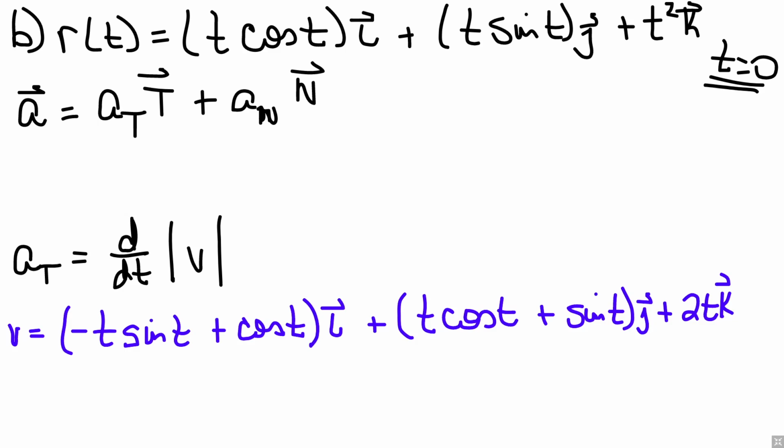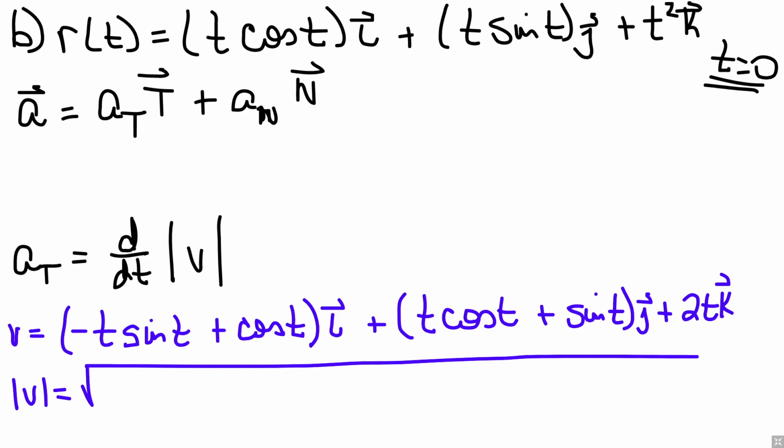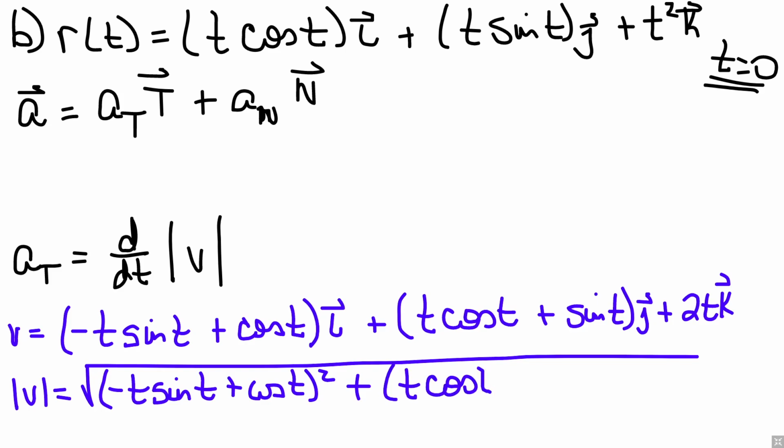Okay, so next, what I'm going to do is find the magnitude of the velocity. Well, that's going to end up being the square root of, okay, negative t sine of t plus cosine of t, squared, plus t times the cosine of t plus the sine of t, squared, plus 2t squared.